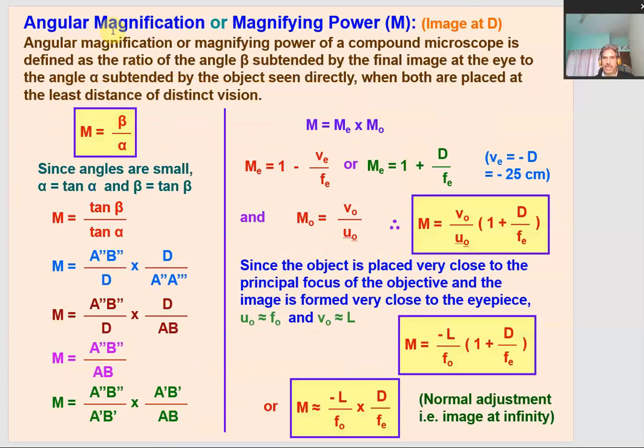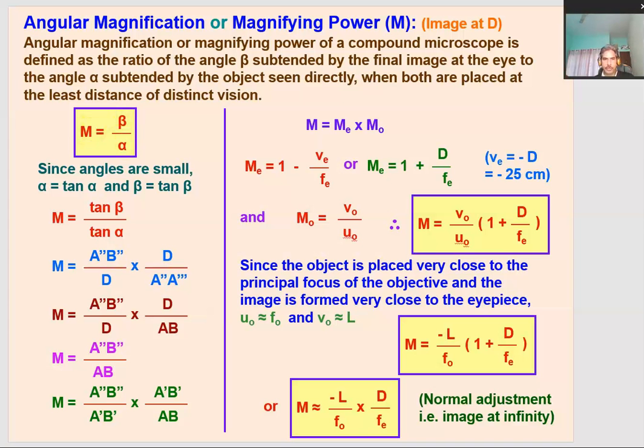Let me just read it once again. It is defined as the ratio of the angle beta made by the final image at the eye to the angle alpha made by the object when both are placed at the least distance of distinct vision. So the angular magnification, or magnifying power, capital M, is equal to beta, the angle made by the image, to alpha, the angle made by the object.